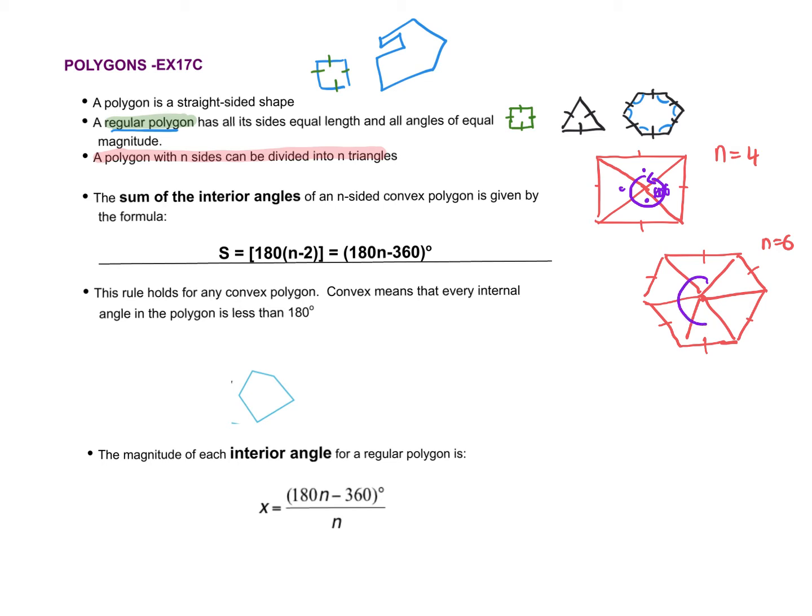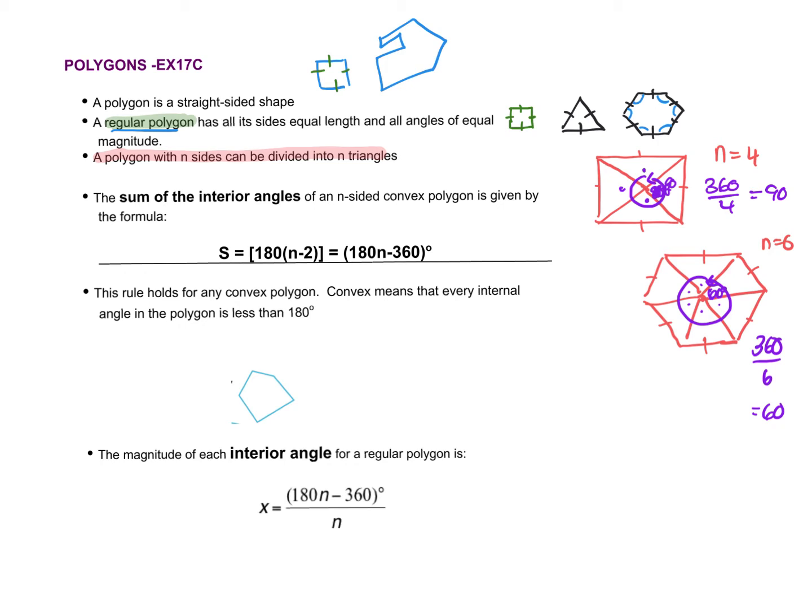Oh my god, I said 60 at first, that should be 90. What's 360 divided by 4, boys? 90, sorry. And for the hexagon, if you do a full circle around here, you've got 360, but because there are 6 points of the triangles up there, you divide that by 6 and you get 60. So we know up in here is 60 degrees. That's probably important to remember: you can divide the shape up and you can know that.